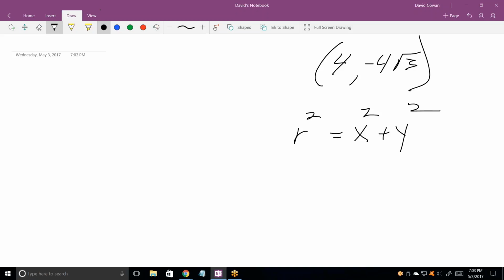So we're going to solve for r that way. Go ahead and do that. What do you get? It's the square root of 16 plus 16 times 3, 48, square root of 64, 8.